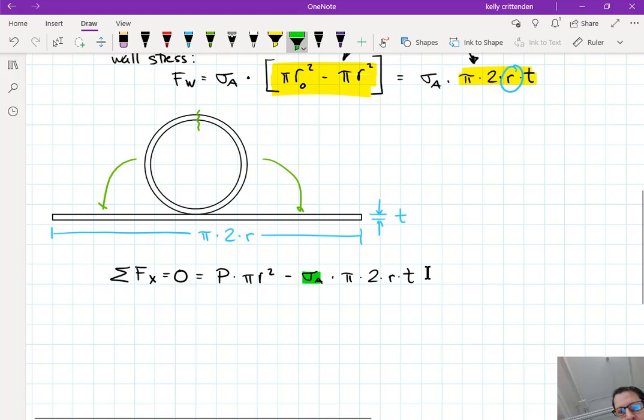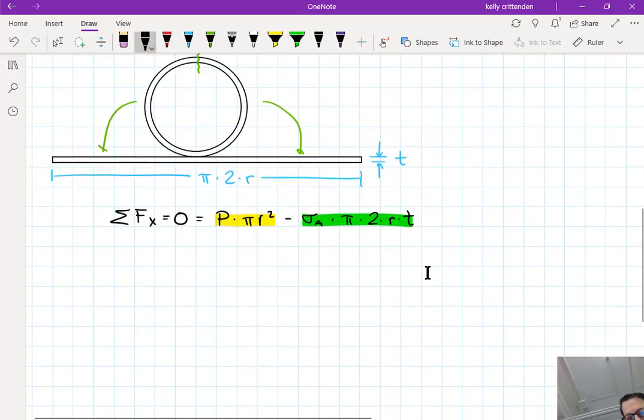So I've got the wall force and the pressure force, if those are names you might want to call them. I can set these equal to each other. Well, I set them equal to 0, but I can rearrange the equation to say P times pi r squared equals sigma A times pi 2 r t.